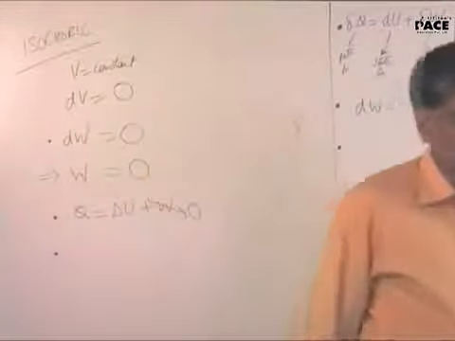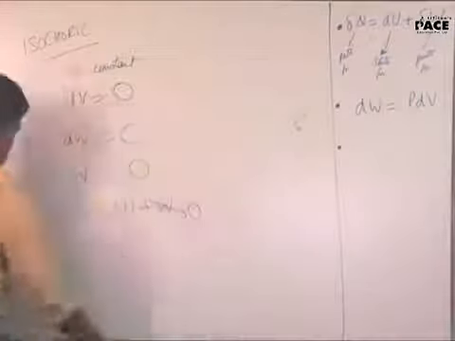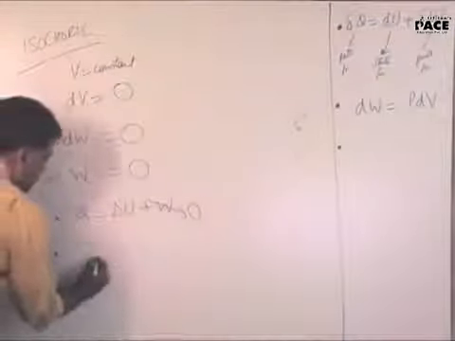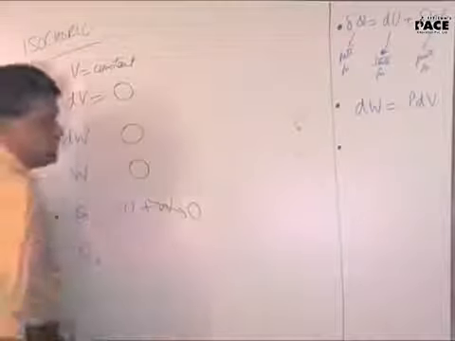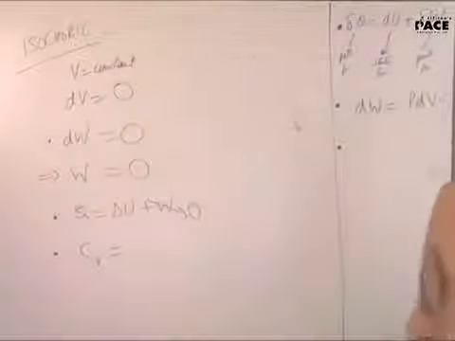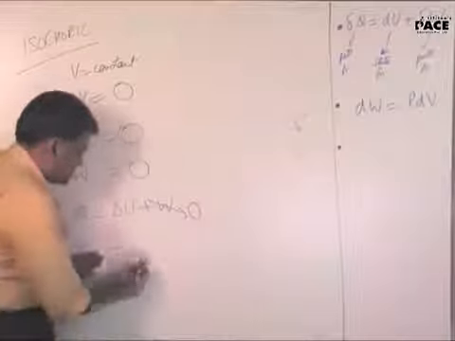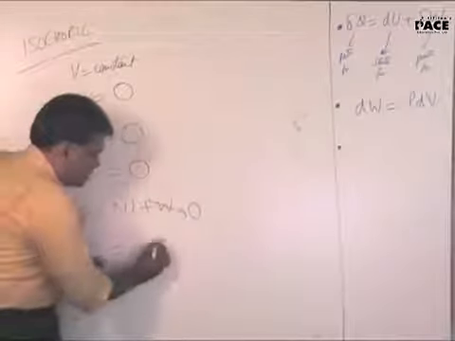Let's see further. We talk about the molar specific heat at constant volume. I think we talked about this in kinetic theory of gases also. But let us say this. This is the formal place where we talk about it. Molar specific heat as such means 1 by n dq by dt.